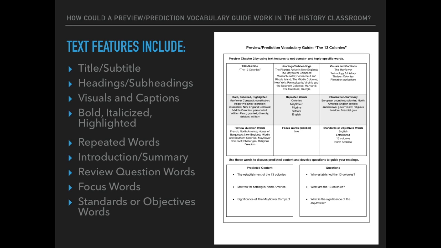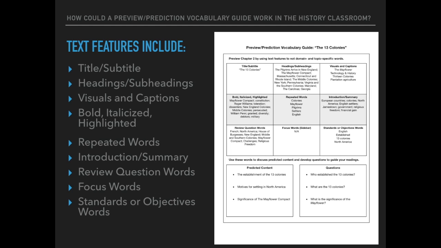Looking at this completed preview prediction vocabulary guide, we see several topical words associated with various text features. The student observed the section title, headings and subheadings, visuals and captions, any bold, italicized, or highlighted words, repeated words, the introduction or summary, review question words, and standards or objectives words.